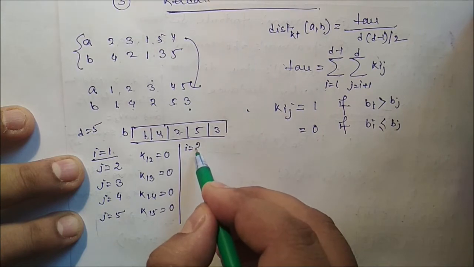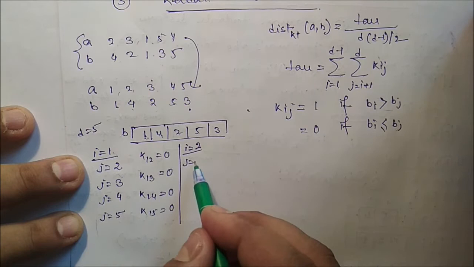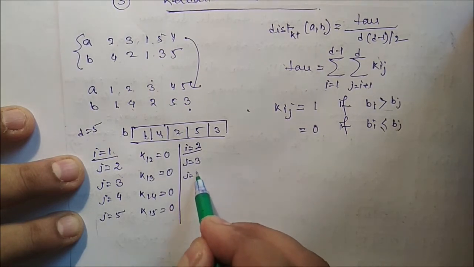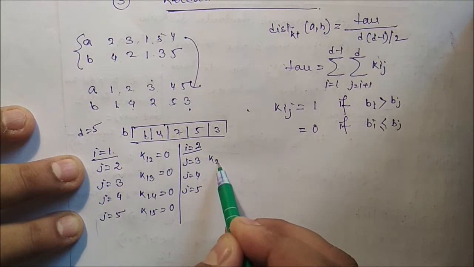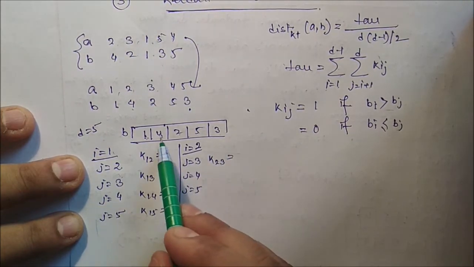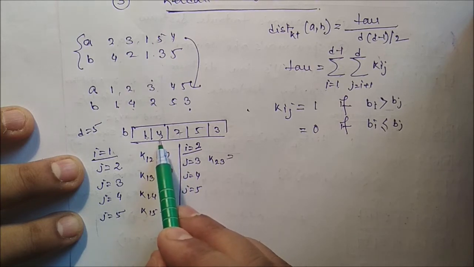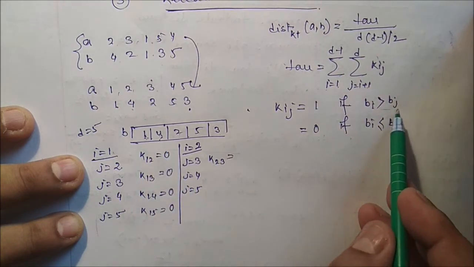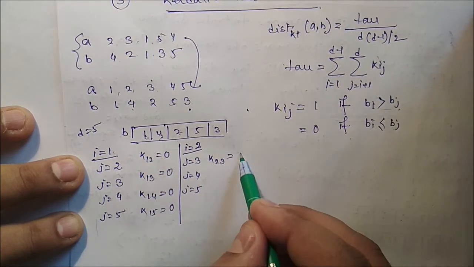So i is equal to 2. If i is equal to 2, j varies from i plus 1, that means 3, 4 and 5. K23, that is 2 and 3: B2 is greater than B3, hence it is 1.